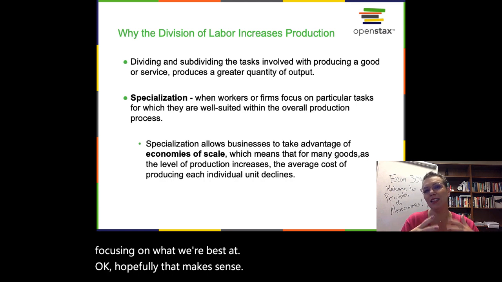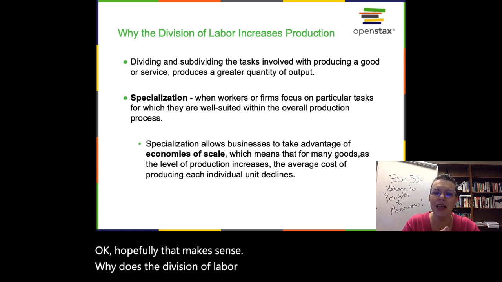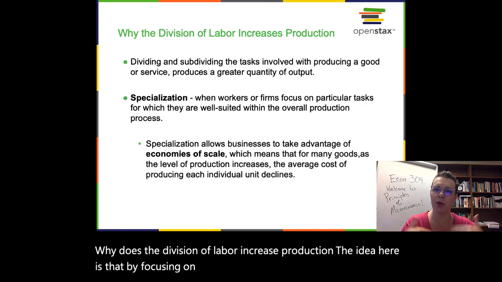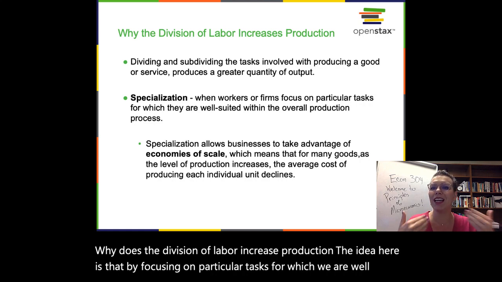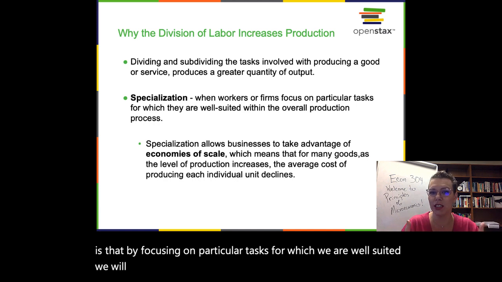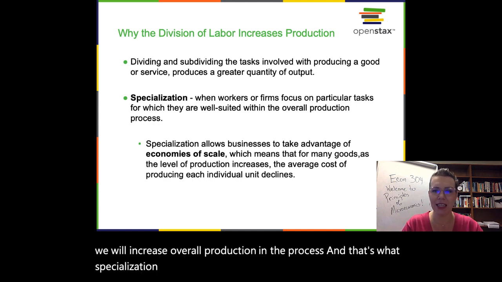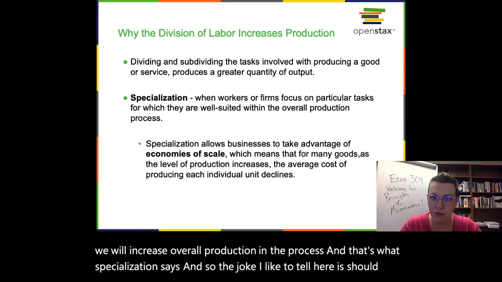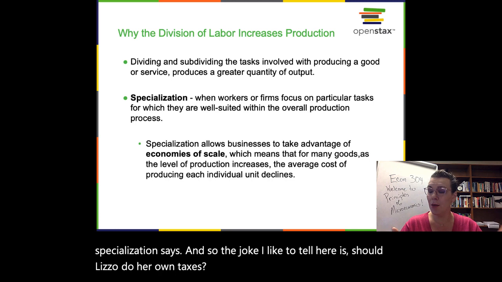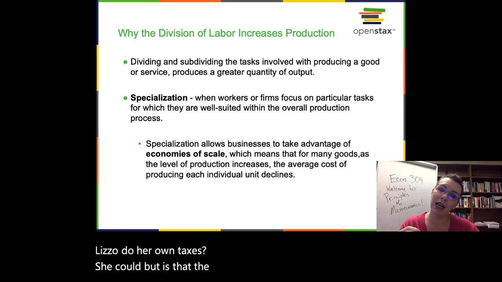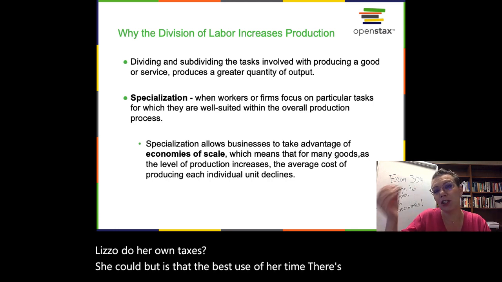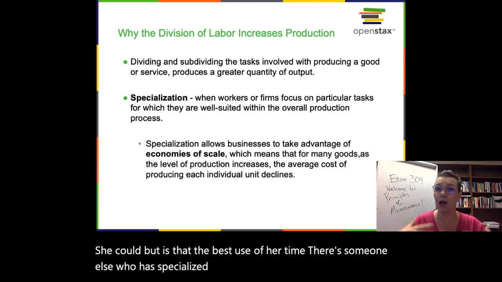So why does the division of labor increase production? The idea here is that by focusing on particular tasks for which we are well suited, we will increase overall production in the process. And that's what specialization says. And so the joke I like to tell here is, should Lizzo do her own taxes? She could, but is that the best use of her time? There's someone else who has specialized in doing taxes, a CPA or an accountant.